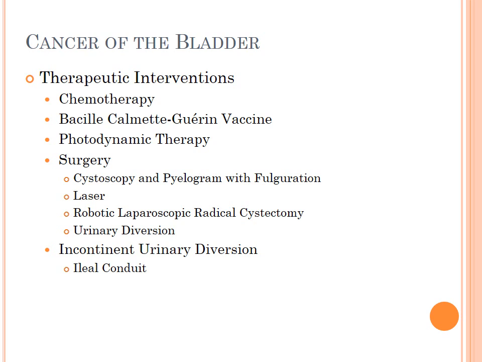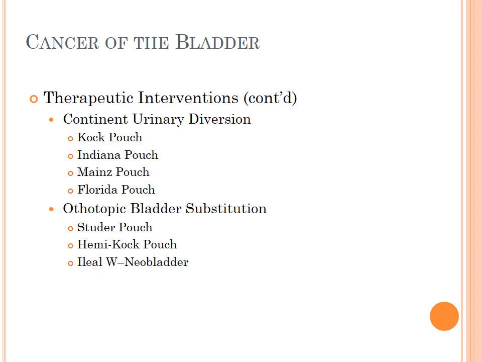Versus the middle picture is a continent type of urinary diversion where a catheter can be inserted every couple hours into this pouch that's formed from the ileum to drain urine out. The difference in A to B is that in A, there's no collection, it just is constantly draining.